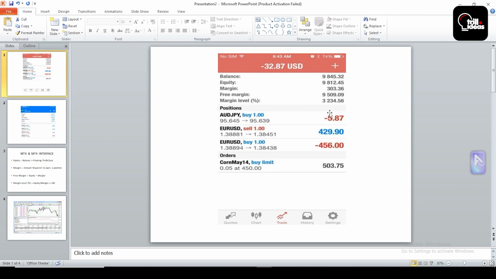If it is below 100%, to some extent the broker will start closing out some trades for you, because some brokers allow you to close out some trades yourself, or they will close them out automatically by themselves, because they need to keep their capital intact. So it's very important to keep an eye on your margin level percentage while trading in the market.